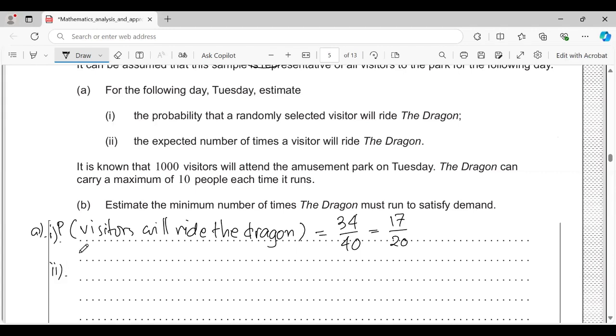Okay, the second: the expected number of times a visitor will ride the Dragon.